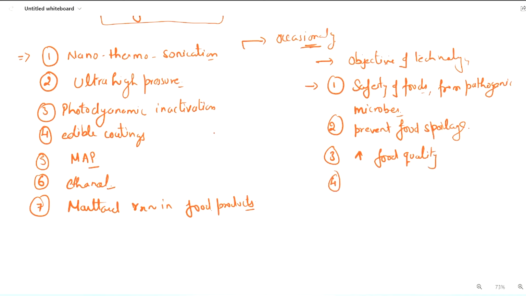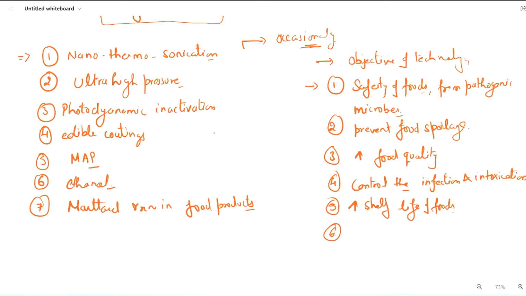The fourth objective is to control the infection and intoxication by microbes. The fifth objective is to increase the shelf life of food.